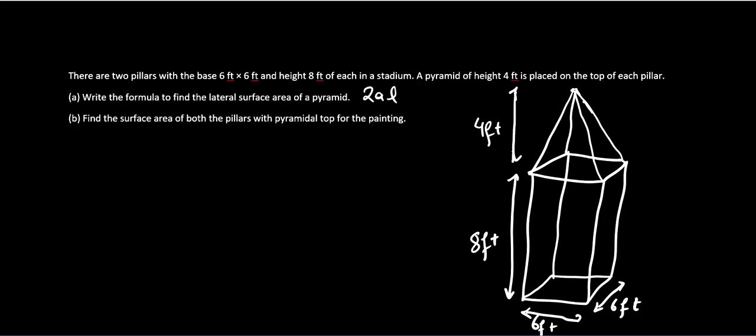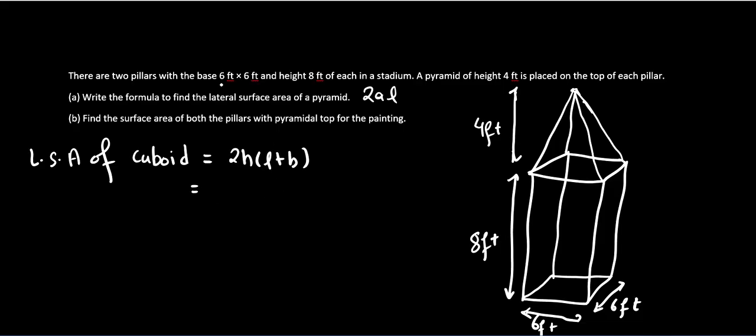Now, for the LSA, lateral surface area, of the cuboid. Cuboid means the bottom part. First we find the LSA of the bottom part, then the top part. As it is a cuboid, it's the area of four walls, and we know that 2H(L plus B) is the formula. In this case, as the base is 6 into 6, length and breadth are the same.